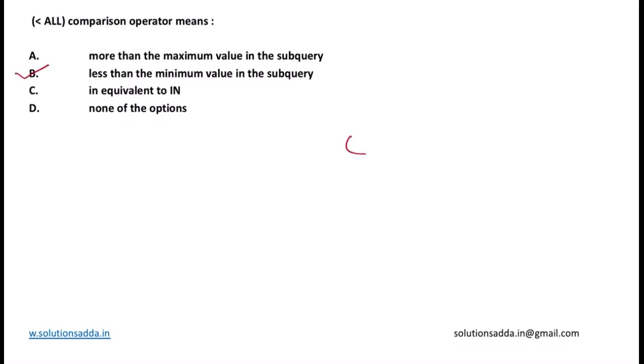Suppose the subquery returns 5, 10, 12, 9, 3. If we apply the less than all operator, then the resultant value should be less than the minimum value in this subquery. The minimum value here is 3, and the resultant value should be less than 3. Therefore option B is the correct answer.